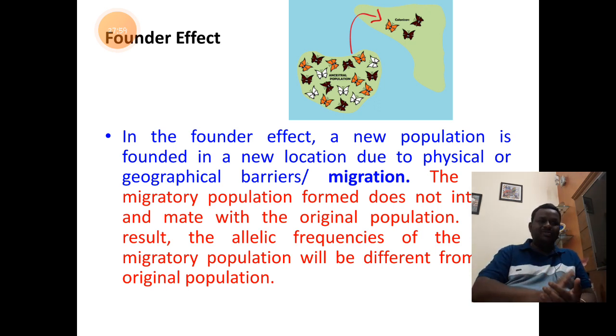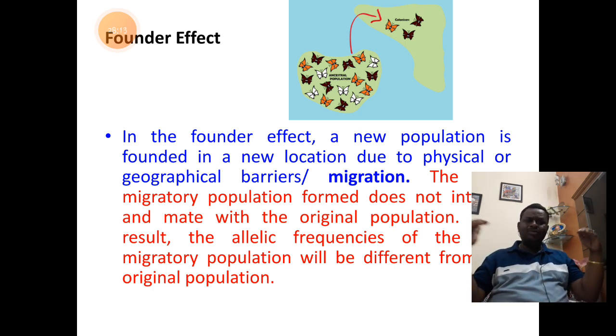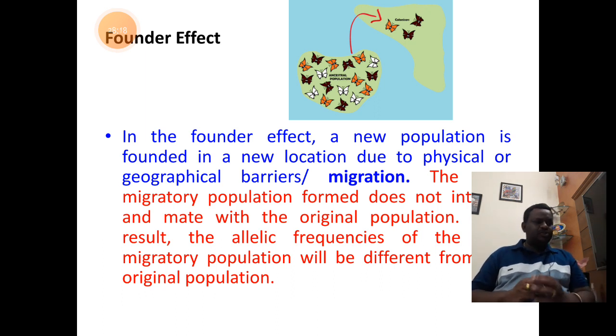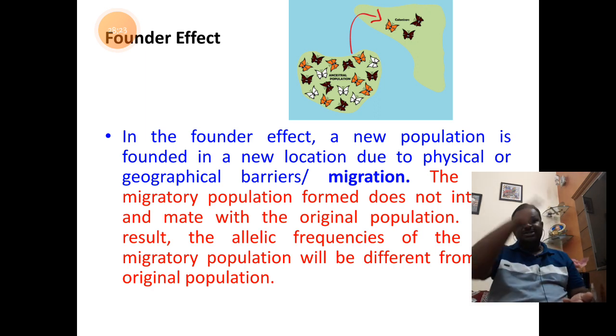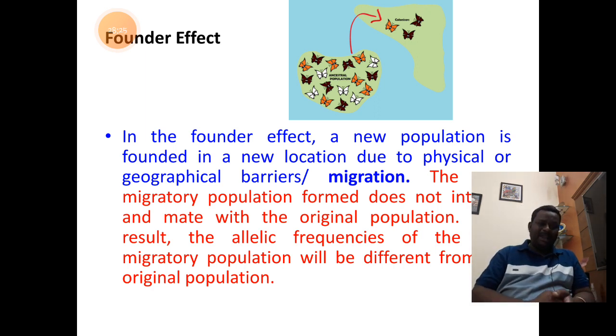Okay, this we will have to remember. So migration is also called gene flow. Due to external force of migration, few individuals of a population will migrate to a newer location. There are many forces that will make the organism migrate. After they migrate to a newer location, they do not return back to the original place.